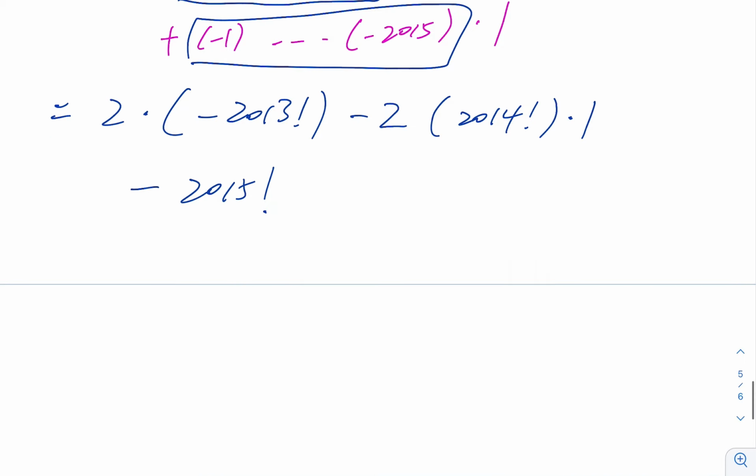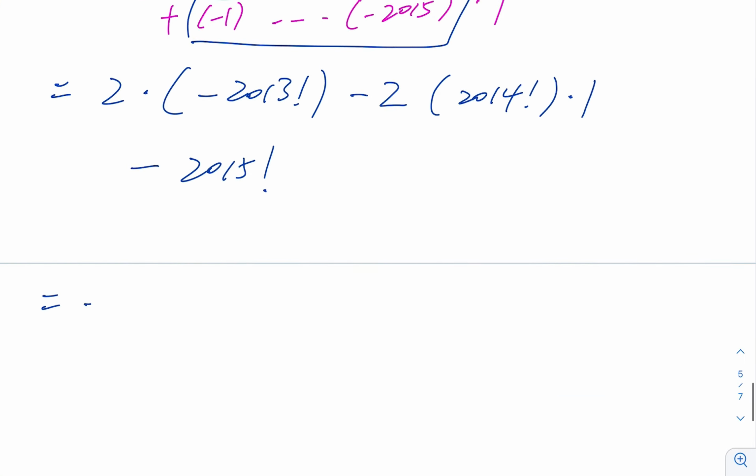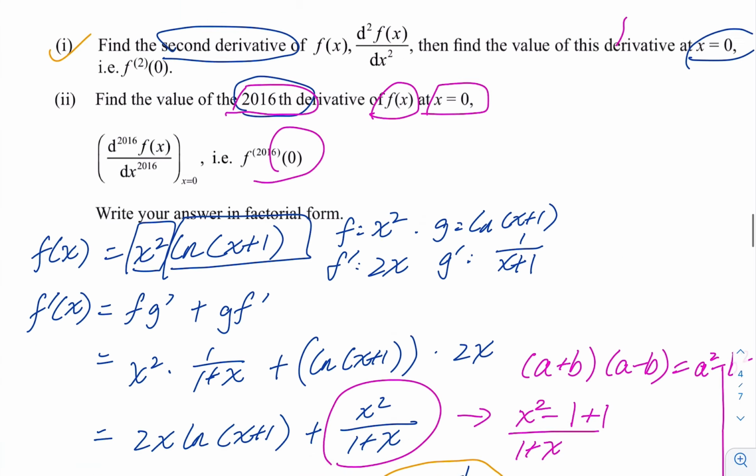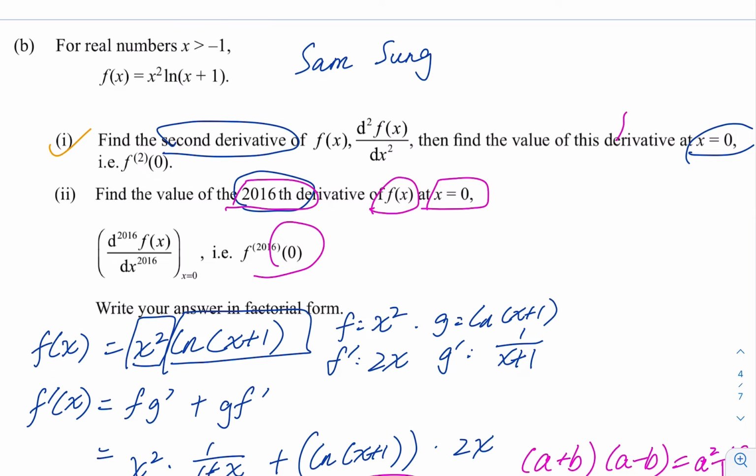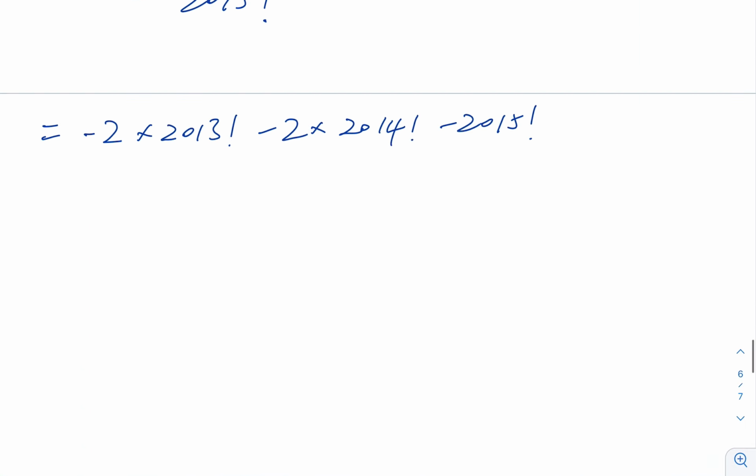Okay, so this is minus 2 times 2013 factorial, minus 2 times 2014 factorial, minus 2015 factorial. Okay, so we want to simplify this.